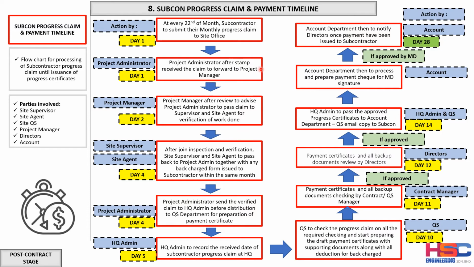So when the progress claim is on site, between day 1 to day 4, the project manager on site is responsible to ensure that the timeline is followed. Once the document has been received by HQ, the functional manager in HQ, which is the contract manager, ensures that from day 5 to day 14, this timeline is followed.